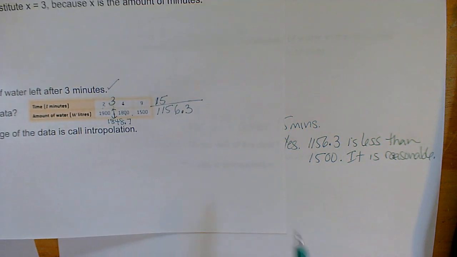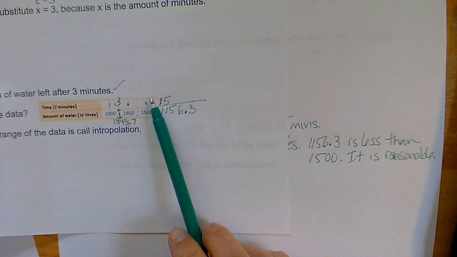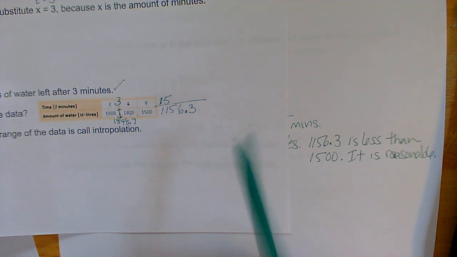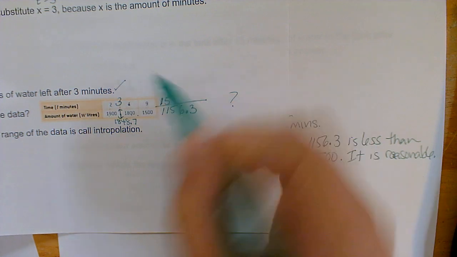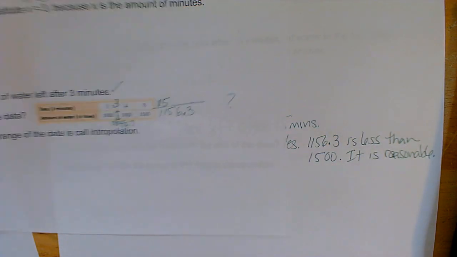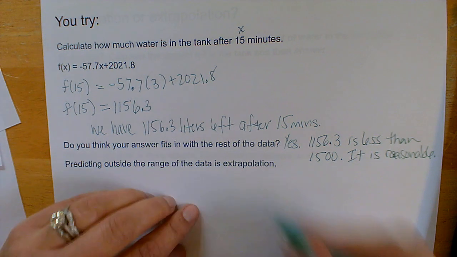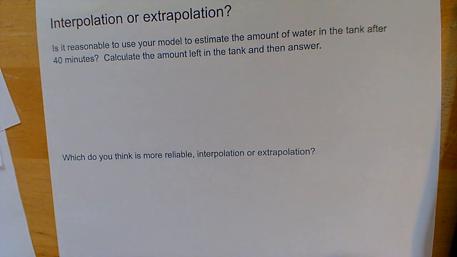So we have interpolation and extrapolation. So extrapolation, notice that stopped at 9, so it's kind of a mystery what happens out here. So we're predicting outside. Inside the data was here. We were inside that data, now that we're outside. So that's extrapolation. Okay, and our last one for today, video went a little long.